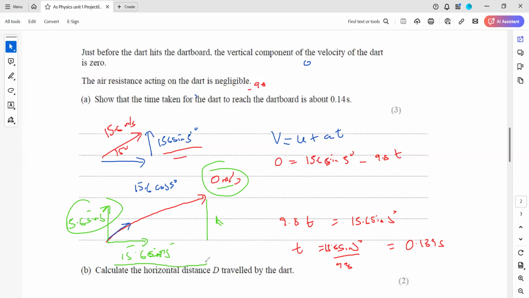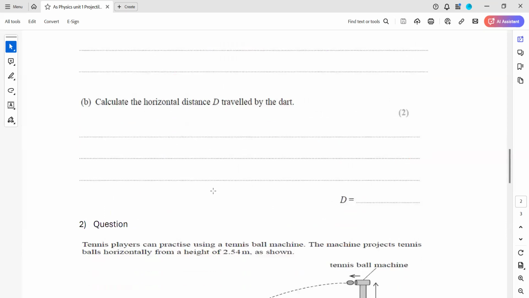To get the range or the distance, we use the horizontal distance. So we have the time, 0.139 second. We need the horizontal distance. Speed is distance over time. So if we need the distance, it is speed multiplied by time. We'll substitute the horizontal speed here, which is 15.6 cosine 5, multiplied by time 0.139.